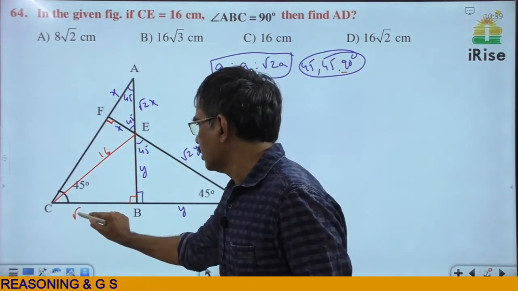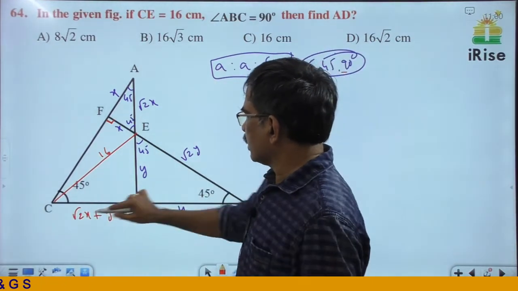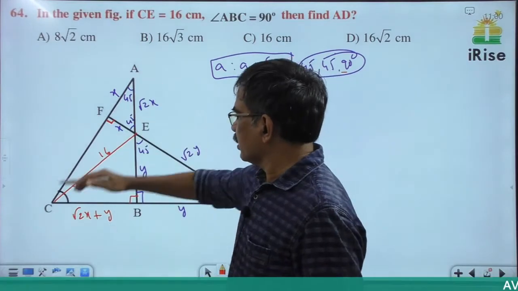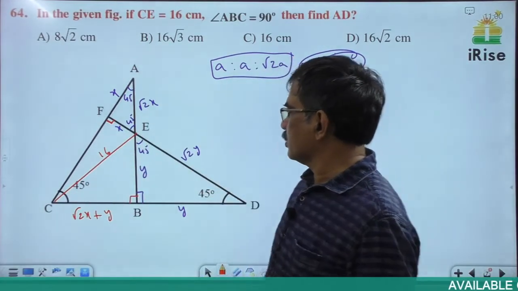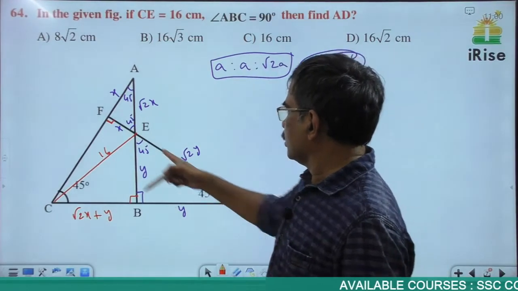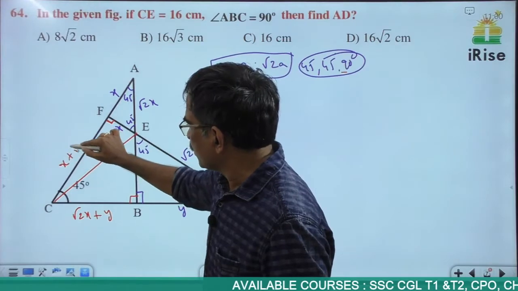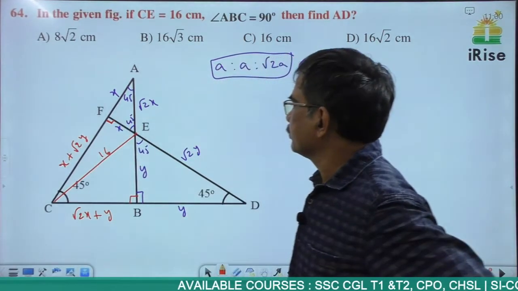This is nothing but √2x plus y. This is also a right angle isosceles triangle. The two perpendicular sides are equal. This total length is x plus √2y. So this is also x plus √2y.